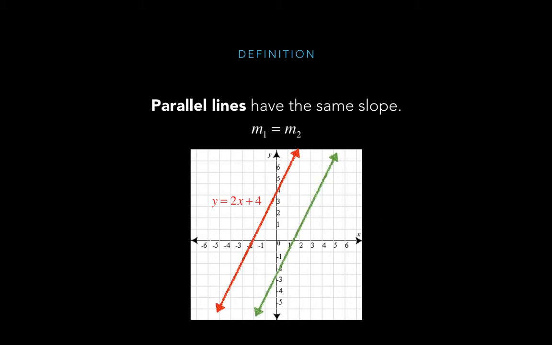It is parallel to the green line. That green line's equation would be y equals 2x minus 3. And they are parallel lines because they both have the same slope.